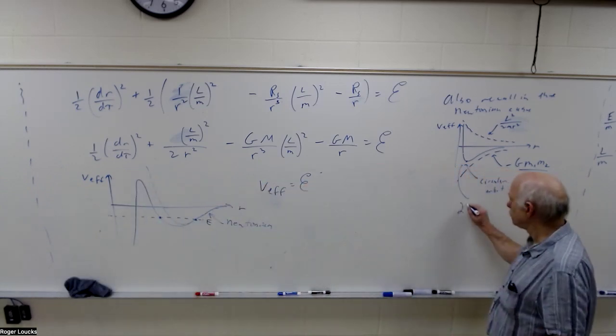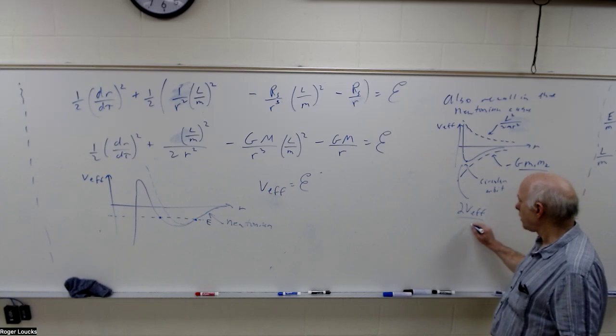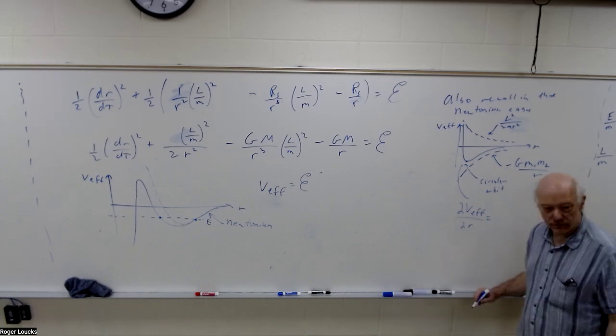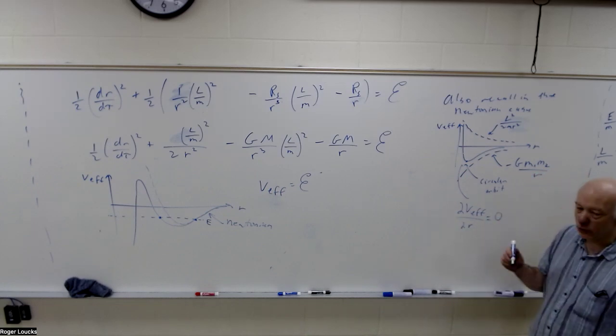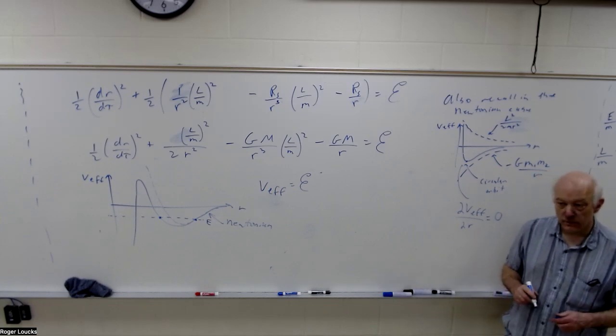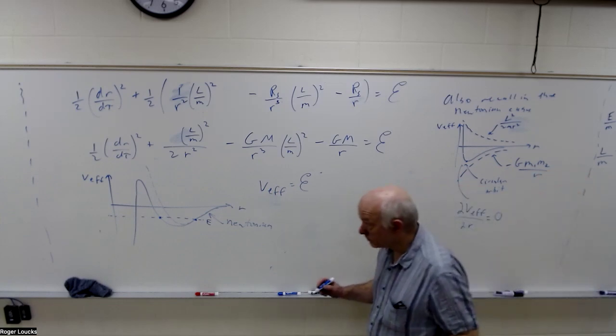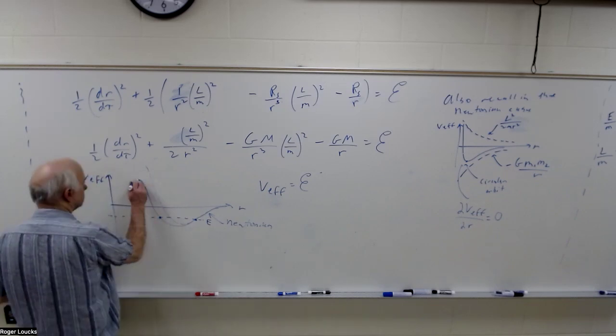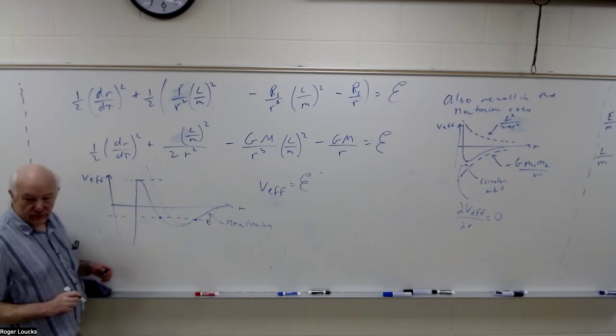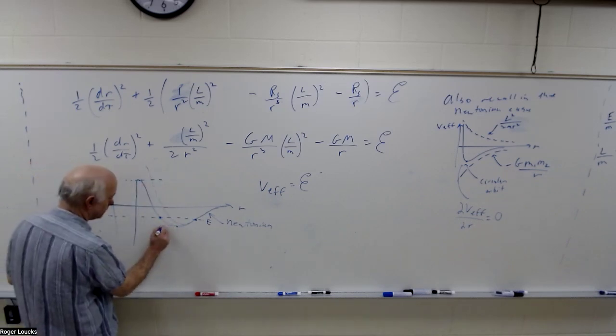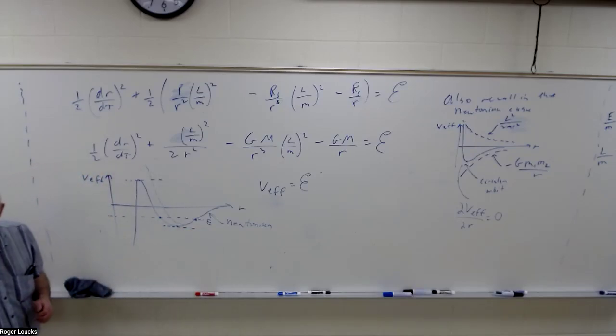Because we looked at the partial of V effective with respect to R, and that equals zero. Do you have something corresponding to that here? Yes, you have a top one, you have one here, and we also have one down here. So we have two circular orbits.